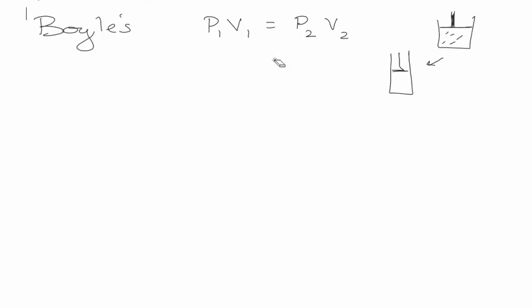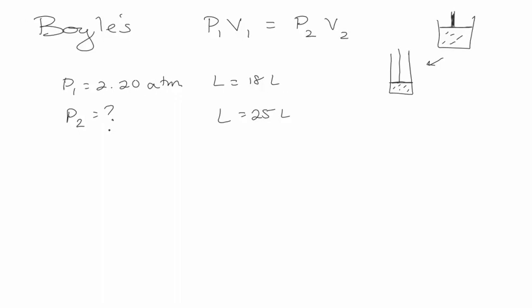So if we have a gas at a pressure of 2.20 atmospheres and its volume is 18 liters, what is the pressure if we expand it to 25 liters? Well, our P1 is 2.20, V1 is 18. We need to find P2, and our V2 is 25.